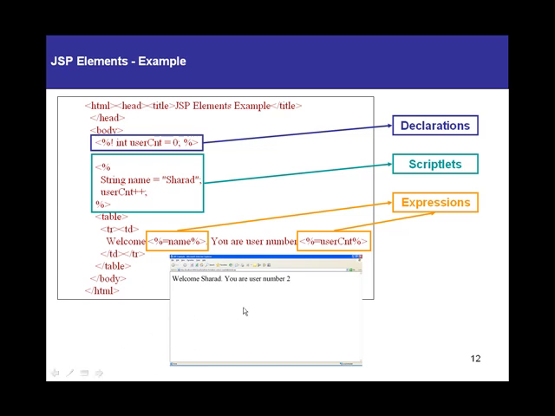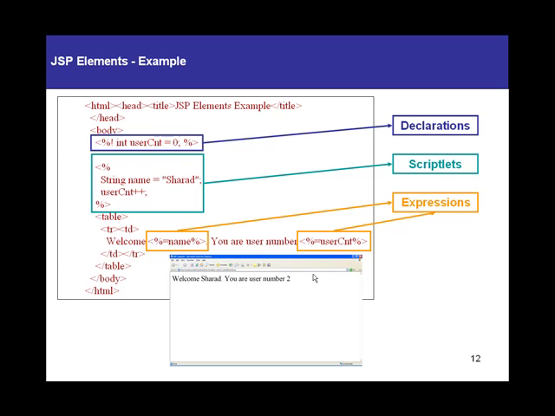Let's say I was the second person who accessed this web page. It's going to display welcome Sharad, you are user number 2. If some other person accesses this page after me, it's going to display welcome whatever username, you are user number 3.